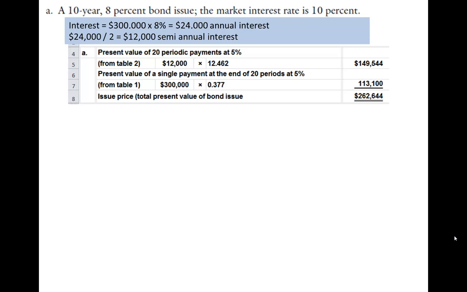Keep in mind the lump sum, we use Table 1. So we have 20 periods at 5% also, so 300,000 times the factor 0.377. And we get an issue price, total present value of the bond issue under these circumstances, 10-year, 8% face rate, and 10% market rate, gives us the bond issue of $262,644.